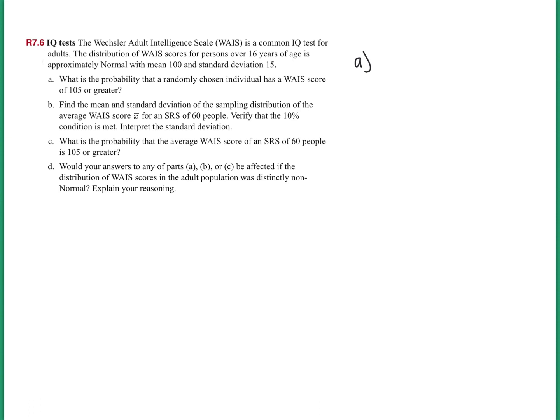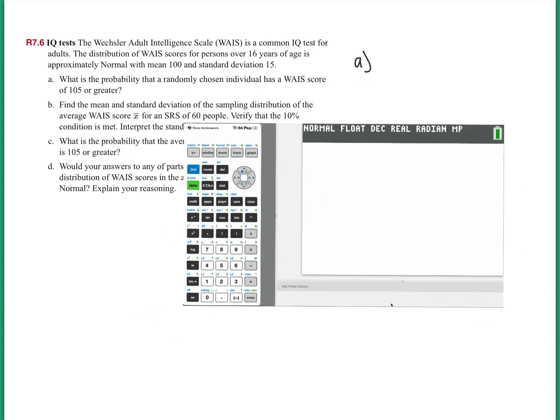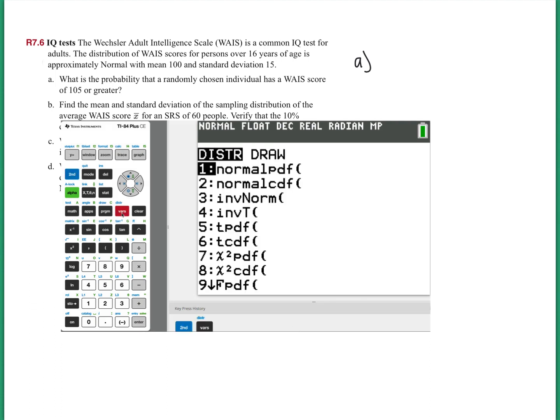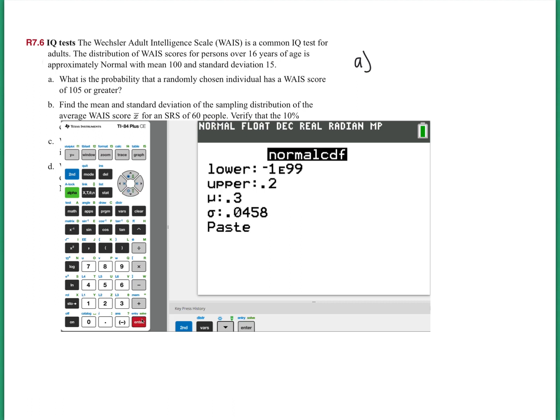Okay, so we can just go right to normal CDF in the calculator. Okay, let's do that here. So we want to know the probability that it's 105 or greater. So 105 is the lower bound, and for the upper, you could do 1,000 or 10,000, something like that.